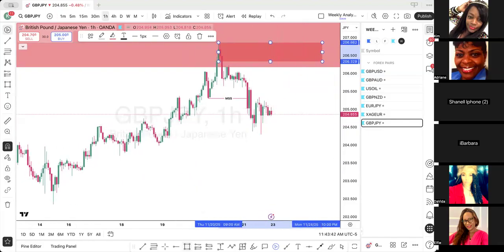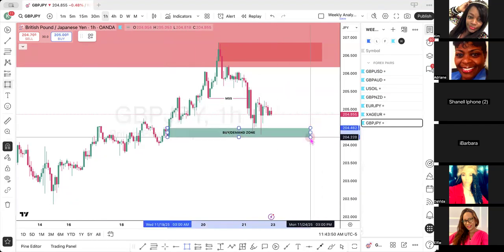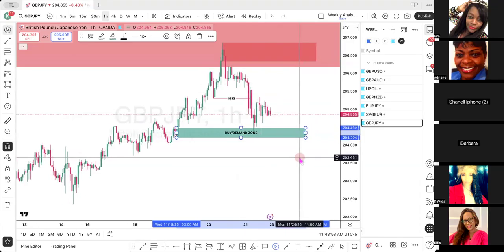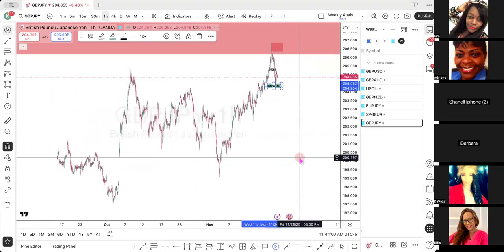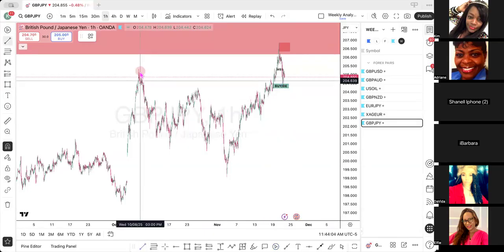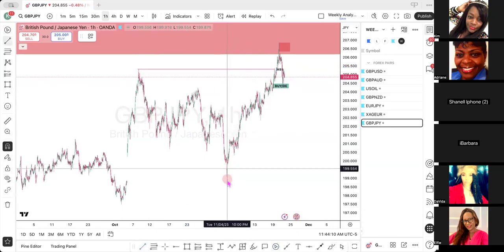It tapped into this demand zone, so I'm hoping that price is going to shift back up to the upside to then start selling back down. We have this higher time frame break, which makes this my swing low.